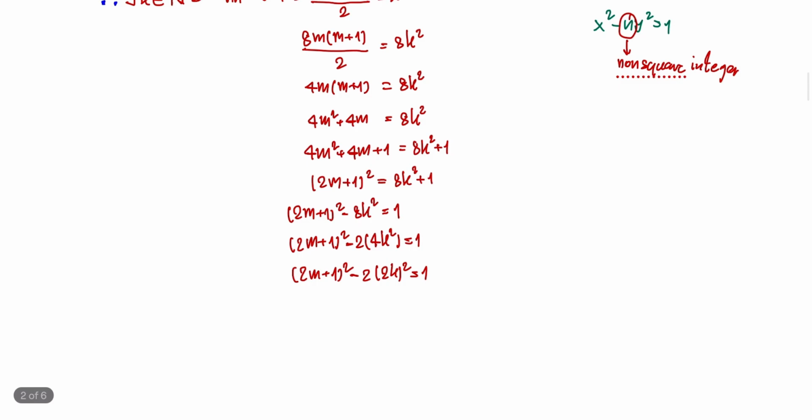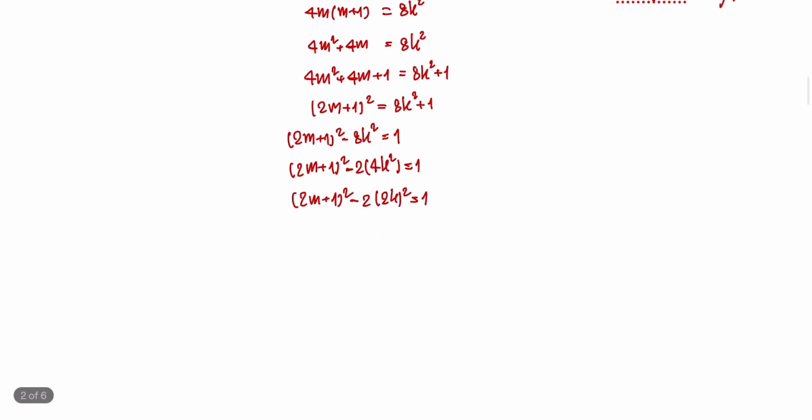So right now we have 2m plus 1 squared and 2k. What do we mean by this? This means that 2m plus 1 is an odd number, 2k is an even number, and 2 is a non-perfect square.